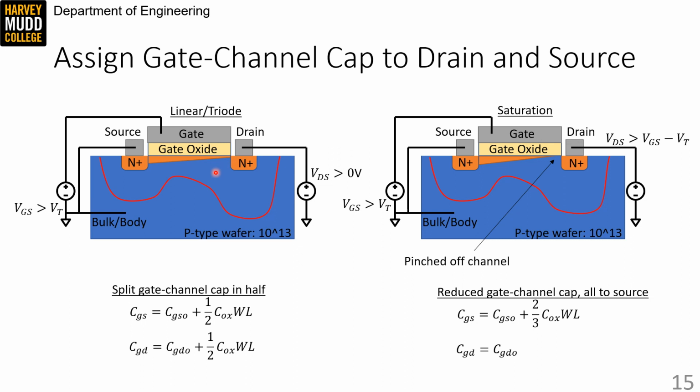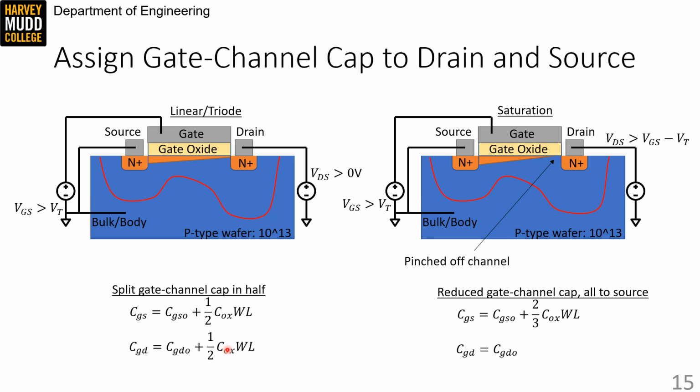So we just split the gate capacitance in half between the drain and the source, as shown in the equations in the lower left here. We say that the total gate-source capacitance is the extrinsic CGSO plus the intrinsic capacitance 1/2 Cox W times L, and CGD is similar.